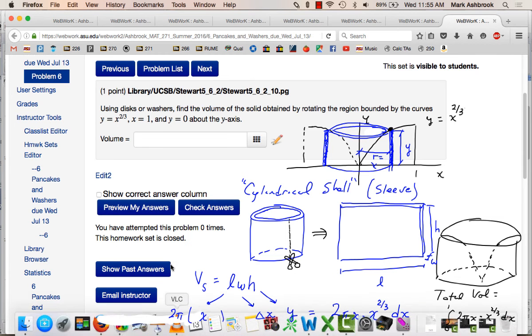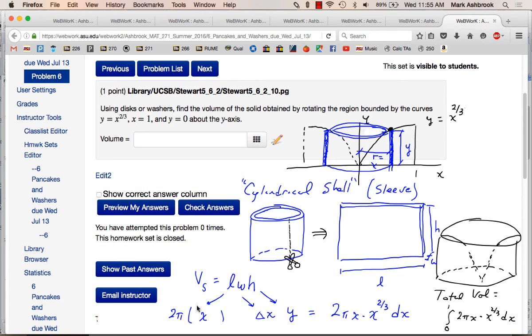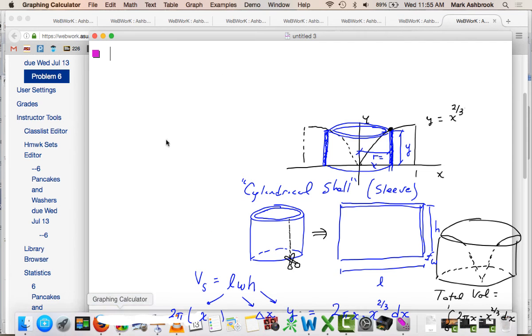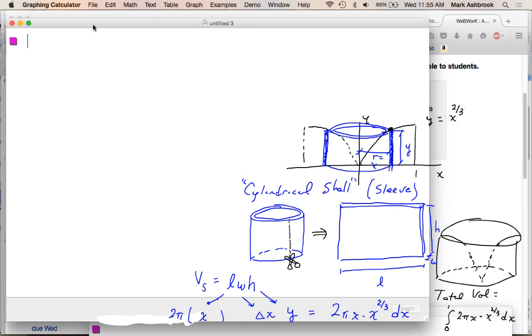Did someone write down the answer to when I did this before? Using washers, do you remember what it was? 0 to 1, pi times, it's going to be 3/4, 1 squared minus y cubed, dy?